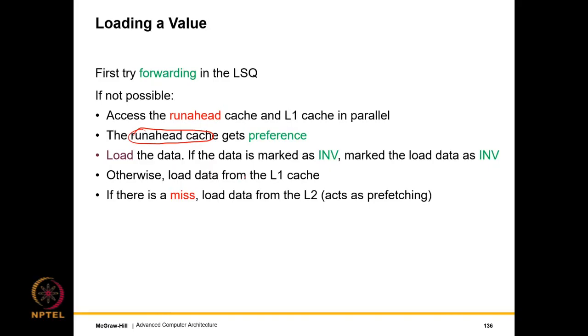And if there is a miss, by the way, there is an important point to put over here: invalid data is only restricted to the run ahead cache. It never enters the regular L1 or L2 cache, right? It's only restricted to the run ahead cache. And if there is a miss, then it is the same as prefetching. We'll load data from the L2. In a sense, we'll bring it up.